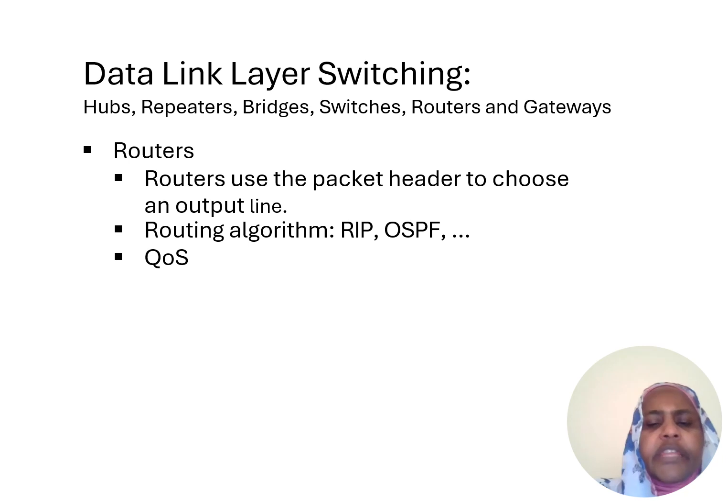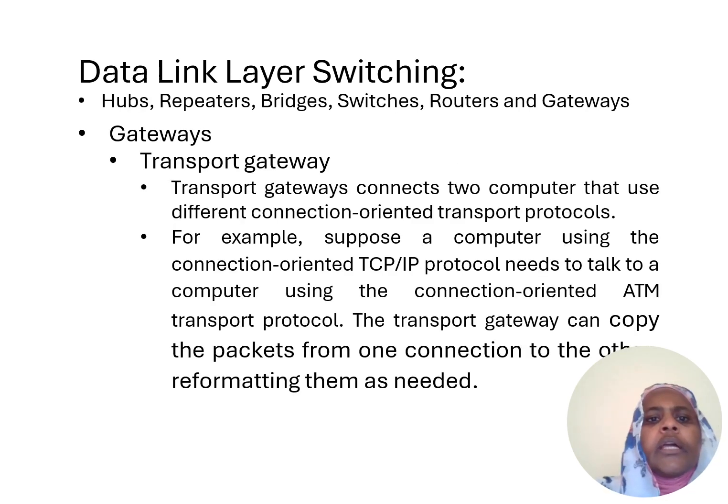Routers are layer 3 devices. They inspect the packet header for the layer 3 addresses, IP addresses, for example. The routing algorithms are such as RIP and Open Shortest Path First, which we will examine in the next chapter, and they provide quality of service. Gateway is a term that is used loosely.